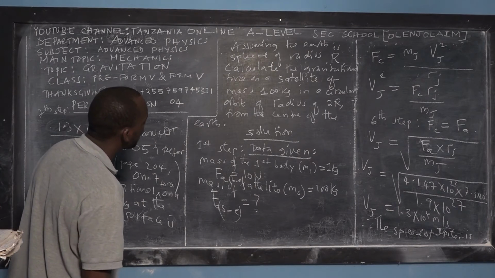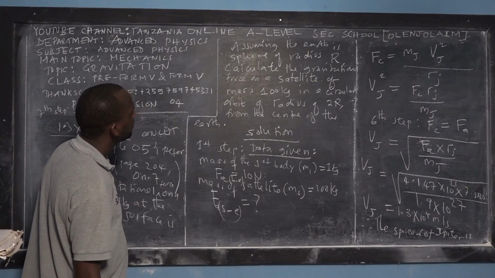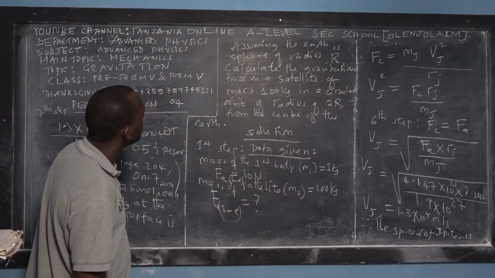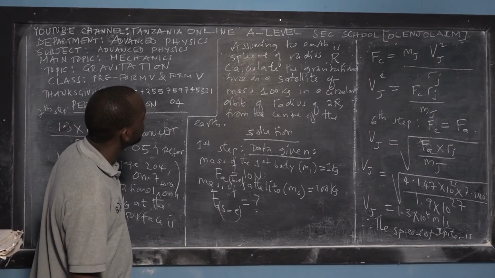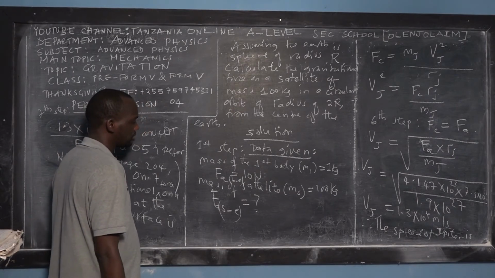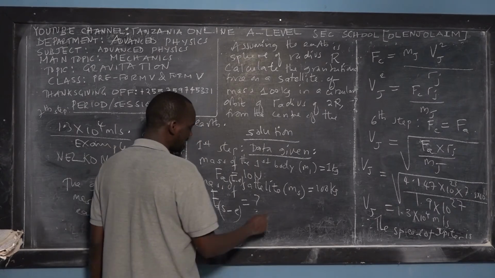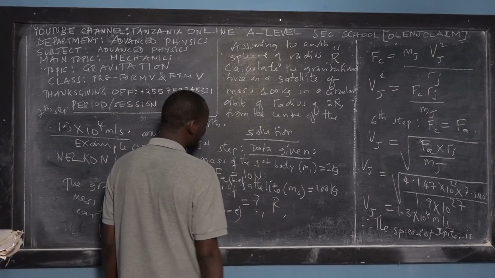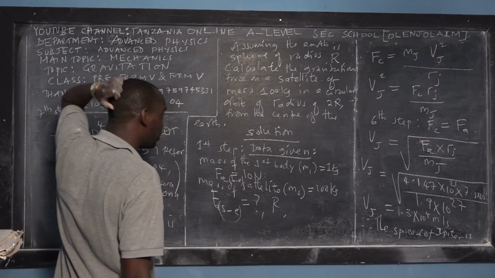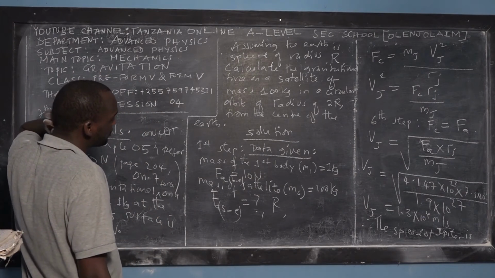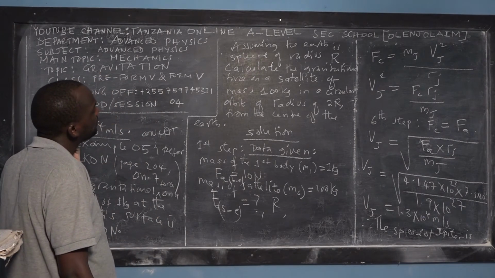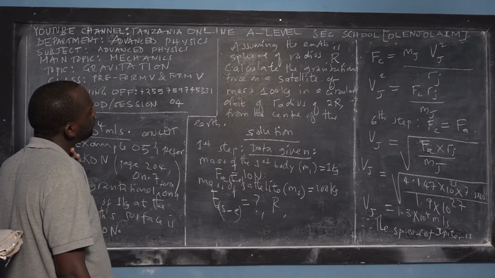Again, we are given the radius in the circular orbit. Assuming the Earth is a sphere of radius r, we have the radius r as the radius of the sphere. Then we say the circular orbit has a radius of 2r.